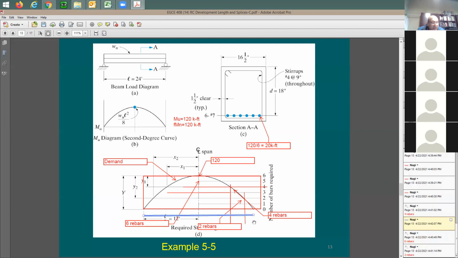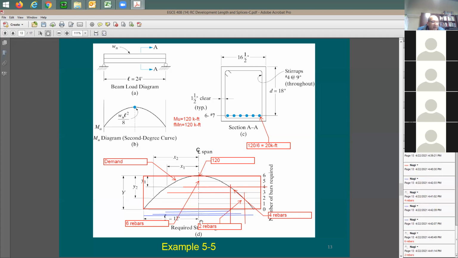I'm gonna put additional 2 rebars right here, but I'm gonna make them a little bit shorter, from here to here. I'm gonna put additional 2 rebars, shorter, from here to here. Of course, they're gonna be on the same level, right? They're not on top of each other. I'm just showing it this way for illustration. So these are the rebars I have.